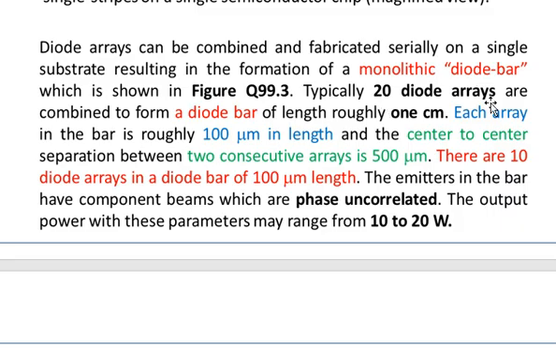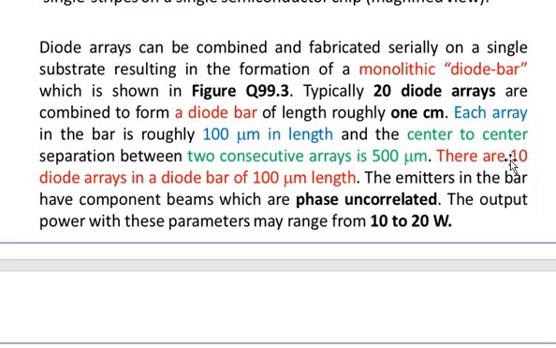Typically, 20 diode arrays are combined to form a diode bar of length roughly 1 centimeter. Each array in the bar is roughly 100 micrometer in length, and the center to center separation between two consecutive arrays is 500 micrometer. There are 10 diode arrays in a diode bar of 100 micrometer length.